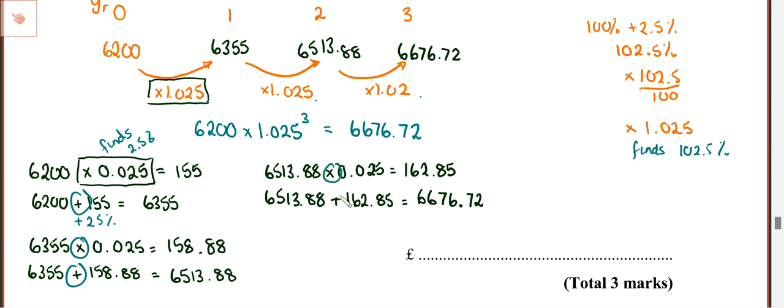There's no way, if I do the times-add approach, of cutting it down. I have to do them all separately, one after the other. By multiplying by 1.025, the adding has already been done. So my answer will be 6,676.72.